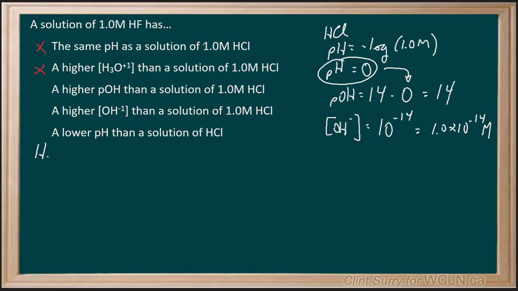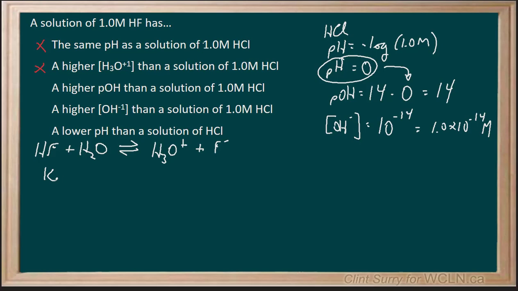For hydrogen fluoride, we know that it's a weak acid, so H2O with hydrofluoric acid results in our hydronium ion plus our fluoride ion, and that's an equilibrium. We have a Ka for that at 3.5 times 10 to the minus 4.